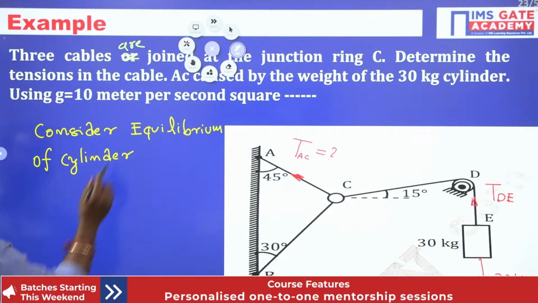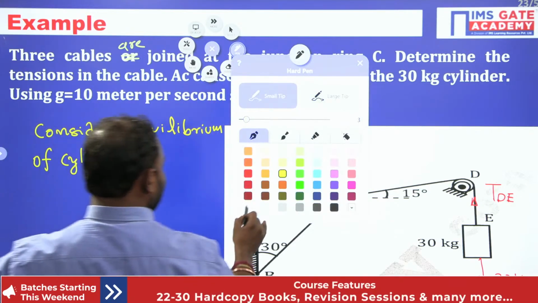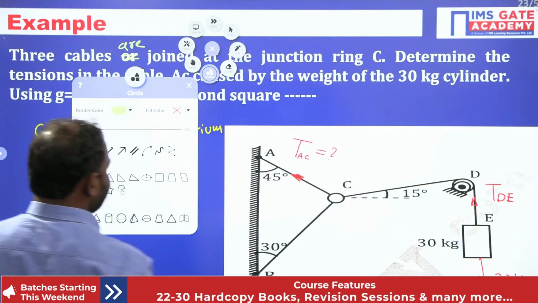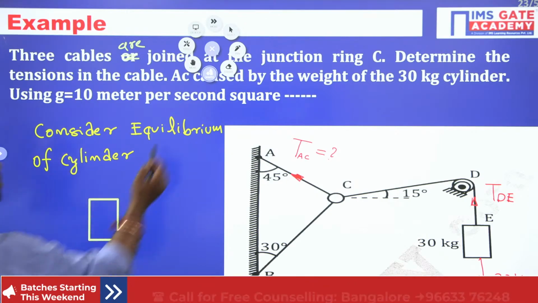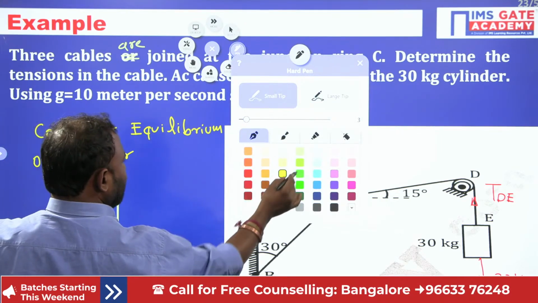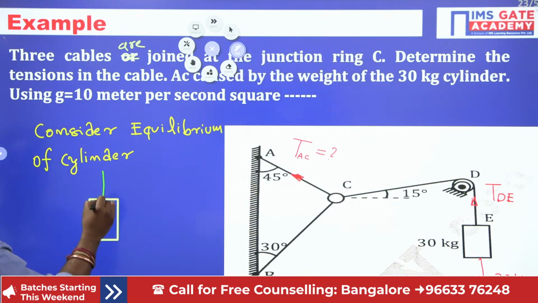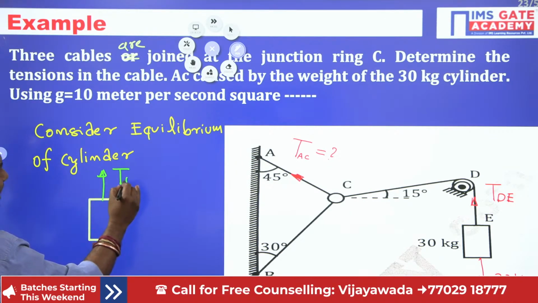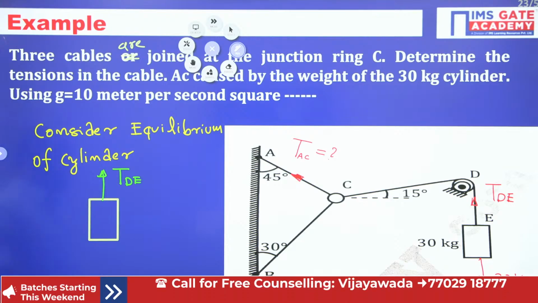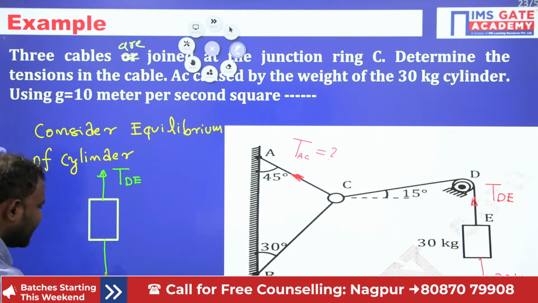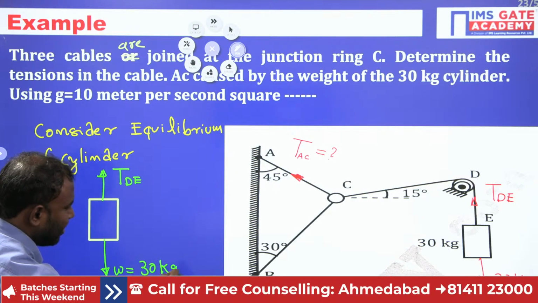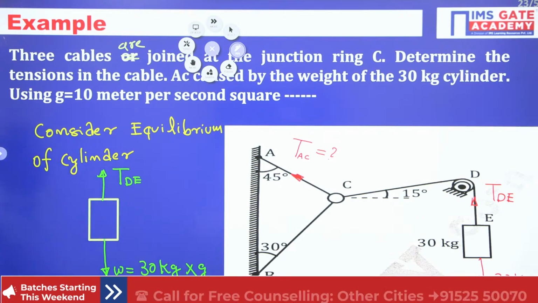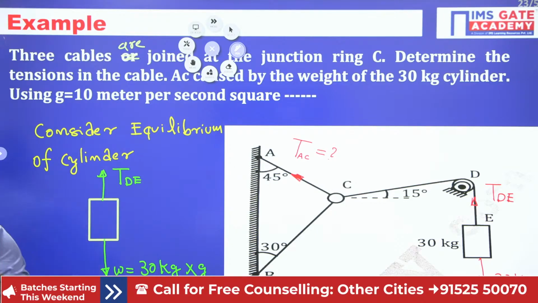Now here I'm just taking the cylinder. Here is your tension T in the DE cable. Now weight is acting downward, that is going to be 30 kg into g, 9.81, but they are asking us to consider 10.